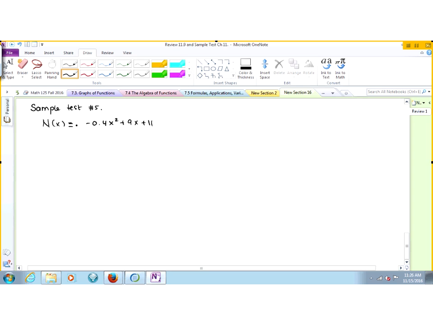When will the daily ticket sales peak and how many tickets will be sold that day? So X is the number of days and N of X is the number of tickets.